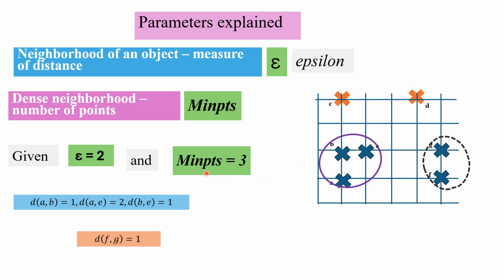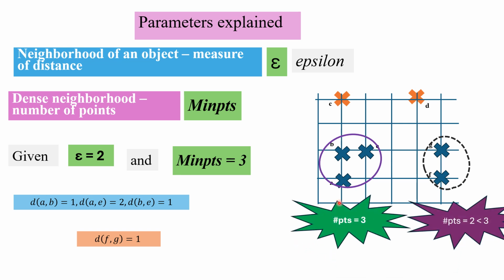Now the distance epsilon is 2. So within distance 2, we want to identify three objects. We see here three objects, and the distances of these objects among each other is not more than 2. Here the distance is 1, but there is no other object within a distance of 1 or 2.